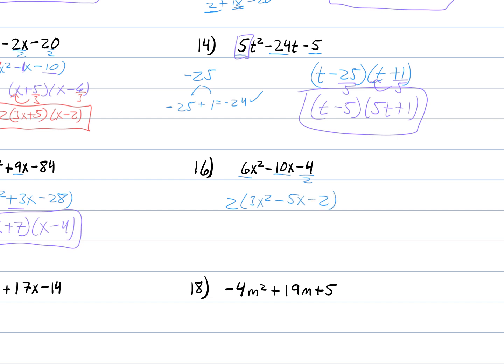So on the inside, there is something in front of our x squared, so I need to do 3 times negative 2, which is going to get me a negative 6. I need factors of negative 6 that are going to add to negative 5. And that's going to get me a negative 6 and a positive 1, which is negative 5. So then we can do x minus 6, x plus 1. Don't forget the 2 out front.